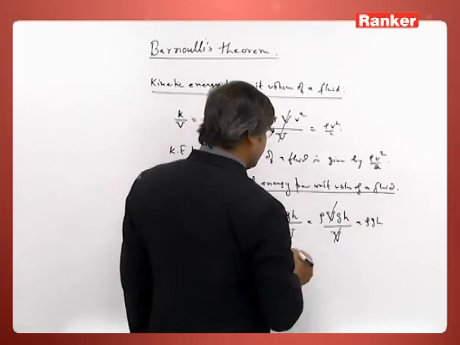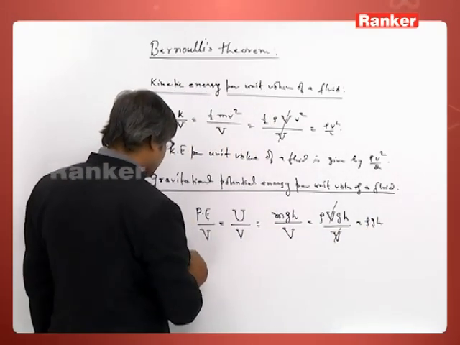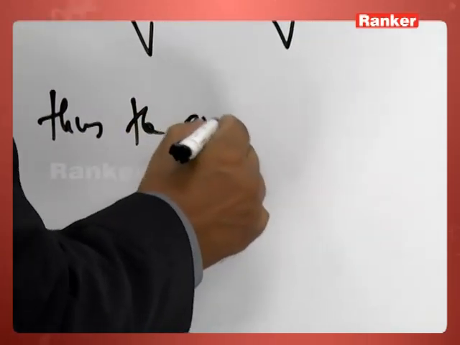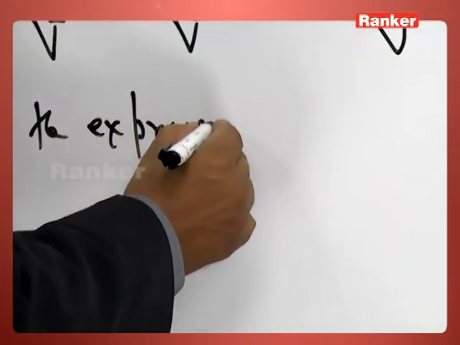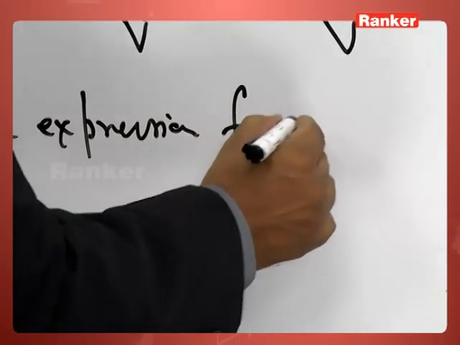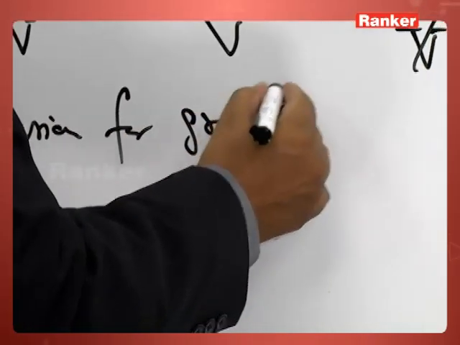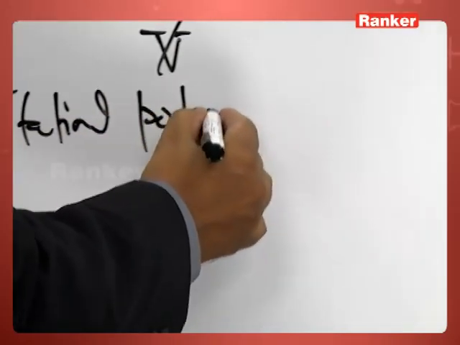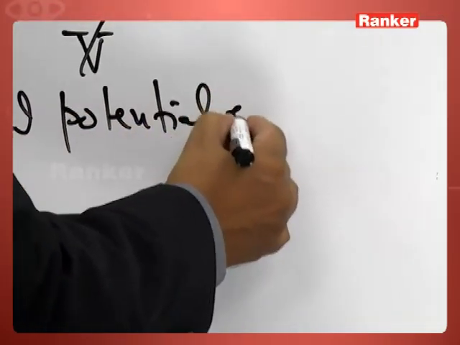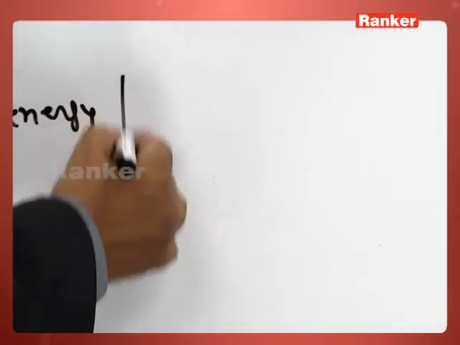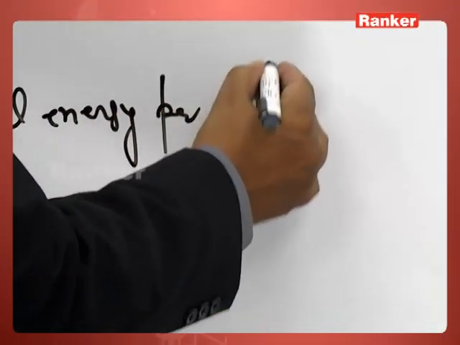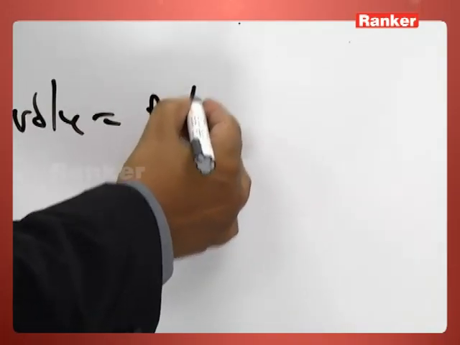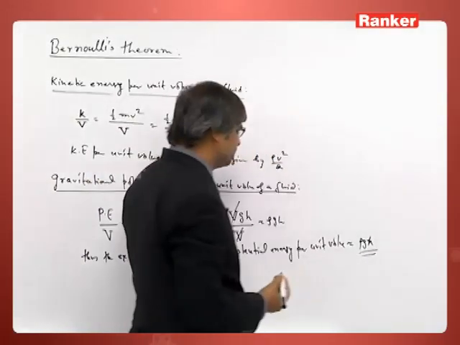H or z, anything you can use. Thus the expression for gravitational potential energy per unit volume is rho g h, or rho g z.